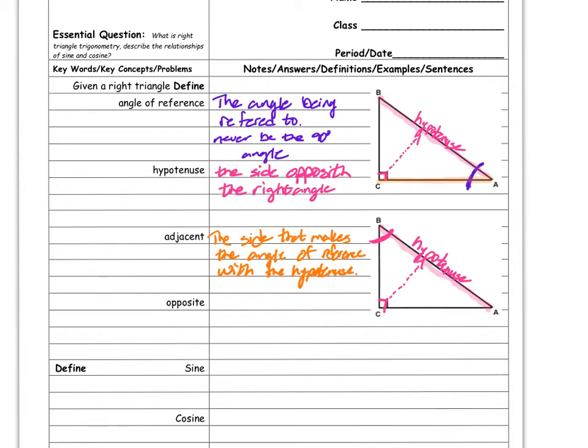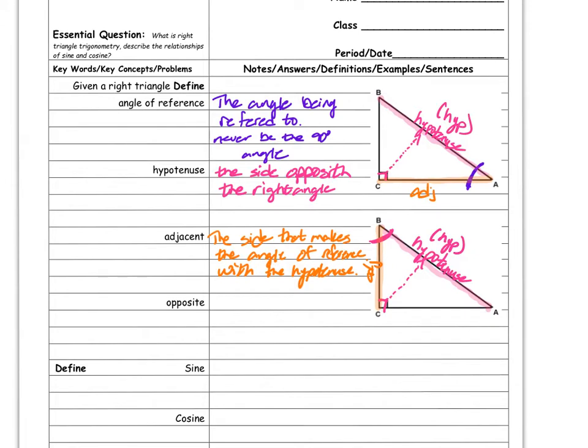And then the one that makes the angle is this side, makes angle B. So notice my adjacent side can be different. So this is adjacent. I'm just going to abbreviate that ADJ over here too. ADJ. And just so you guys know, hypotenuse is abbreviated HYP, so we don't have to write that out every time anymore. HYP, hypotenuse. Okay.